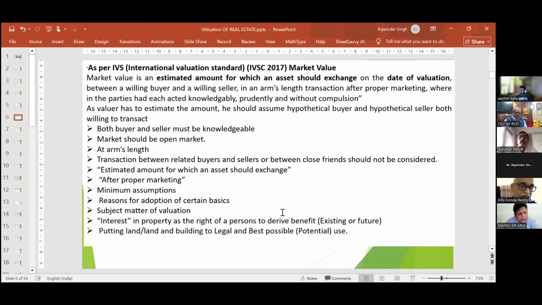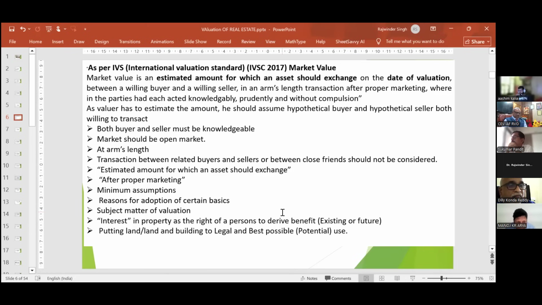Of course, you may use plinth area rates given by the Public Works Department of your state, but that also depends upon location to location.